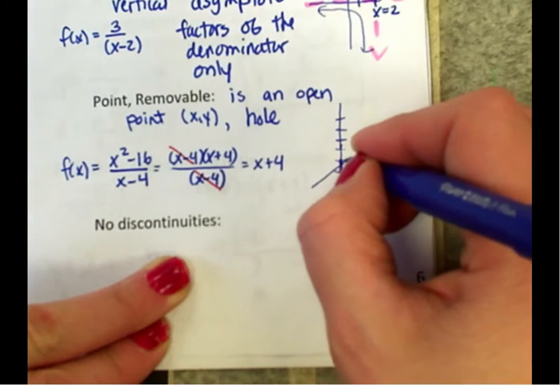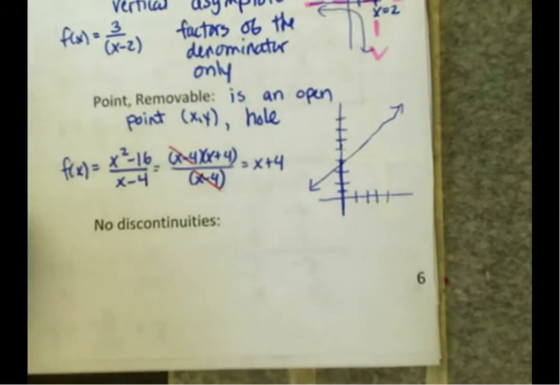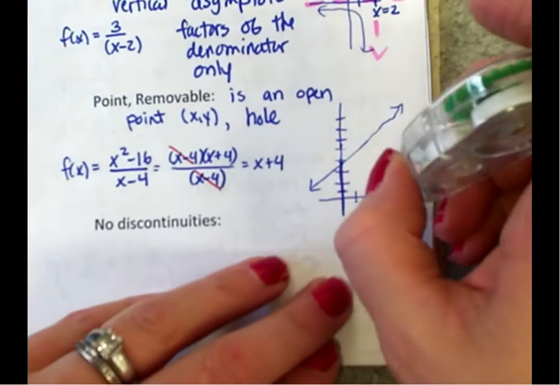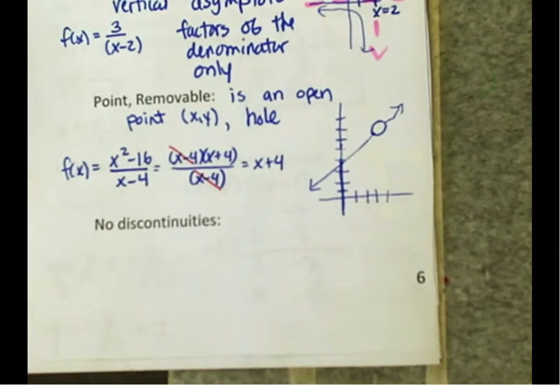And it goes up like this, right, with a slope of 1. Here's what your hole looks like. It literally looks like an open point on the graph. That's what it looks like.